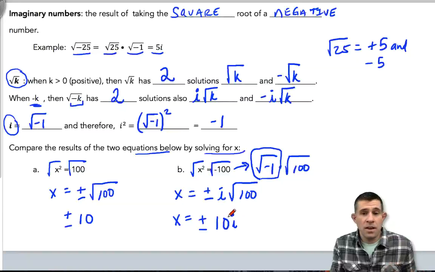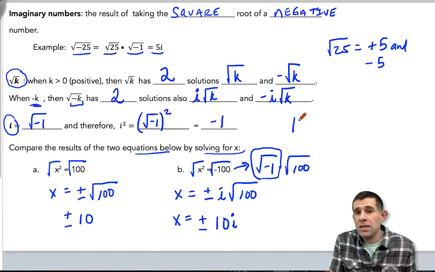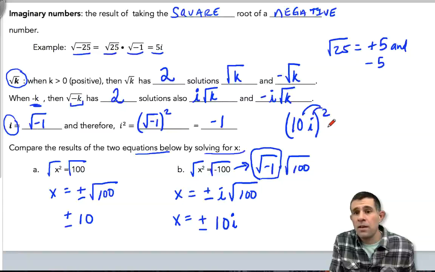Now, here's how we can prove that to you in our next example. You are asked to do this, so follow along. If I take 10i and square it, let's go back here a second. If I take 10i and I square that, remember, I have to square both the 10 and the i. So that's 100i squared.